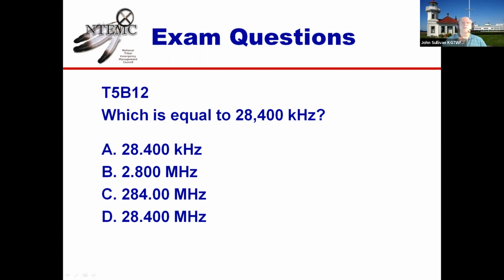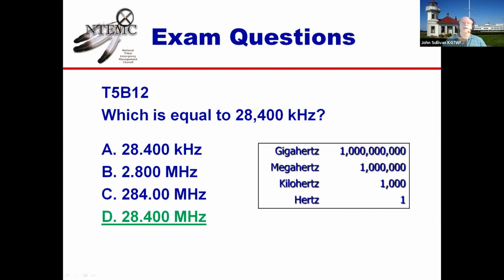Again, you move the decimal point and you get 28.4 megahertz. Got to be careful looking at these answers because you could see the first answer was 28.4 kilohertz, but no, that should be megahertz. So you got to read these carefully, particularly on the kilo and megahertz, as to which it is. So that's a hint on the test taking.